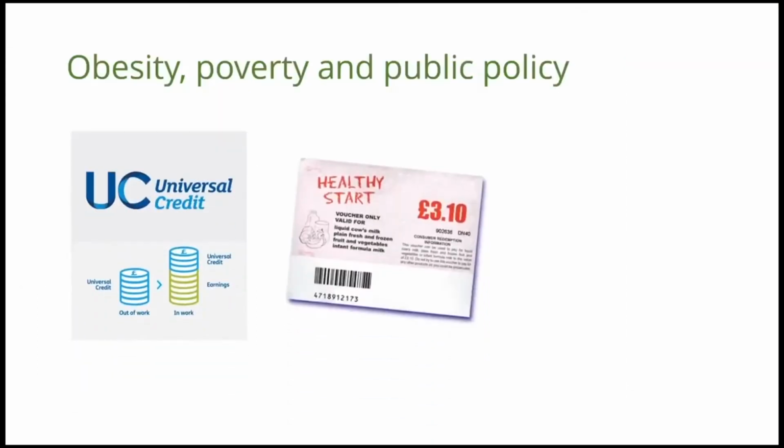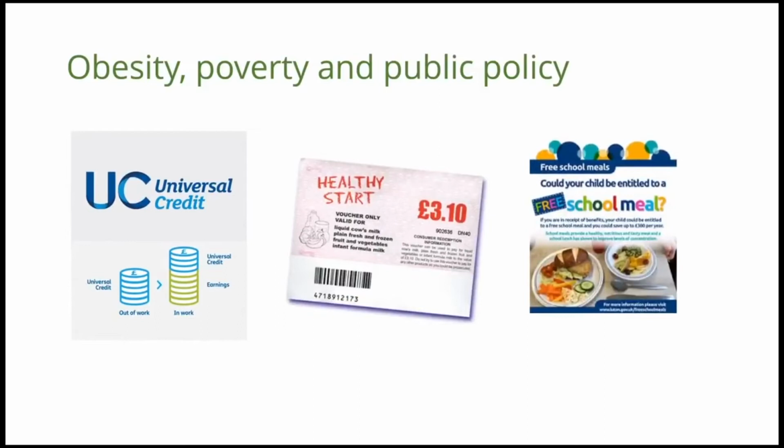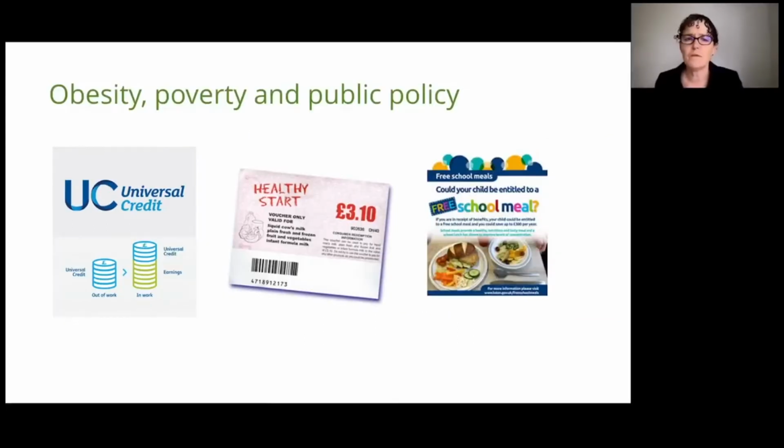So to have long-term impacts, it's likely that we'll need substantive and possibly costly policy reforms that lift children out of poverty. And these are important in combination with the policies that I discussed earlier that change relative prices and alter the choice environment. Reforms to universal credit are the most direct way to lift households out of income poverty.